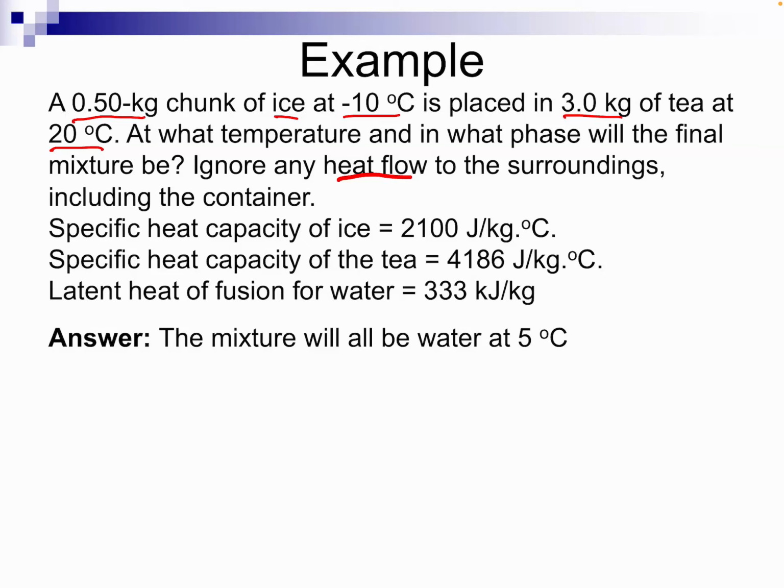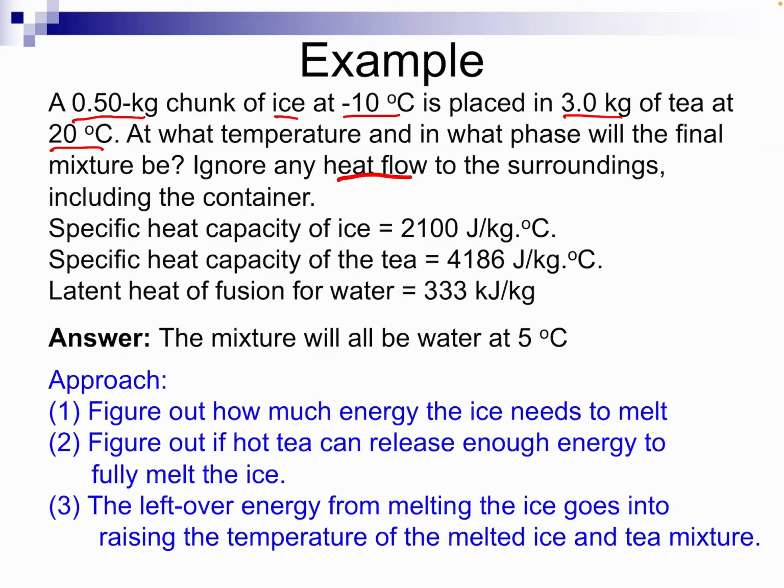So how do we approach this problem? I've already given an overview of what will happen. The tea is hotter, so it will lose energy. The lost energy will go to the ice. We have an intuition that the ice will melt, because it's colder compared to the tea. But then we want to know what the final temperature is and whether the mixture will still be liquid. So we have to figure out how much energy the ice needs to melt.